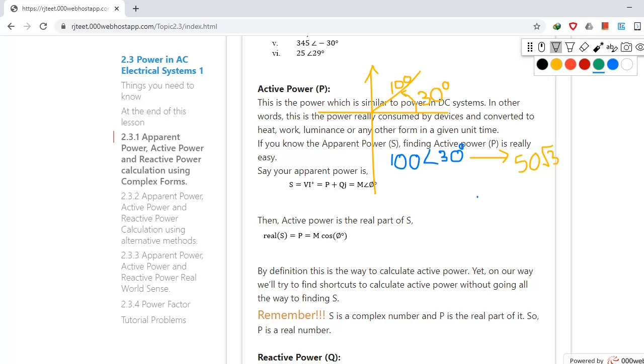Now you know the real part means the projection on the real axis, and the imaginary part is this one. So this length is going to be the imaginary part, and this length here is going to be the real part.